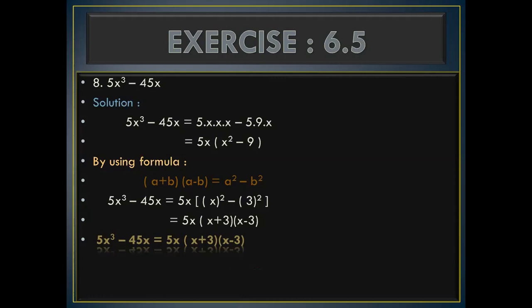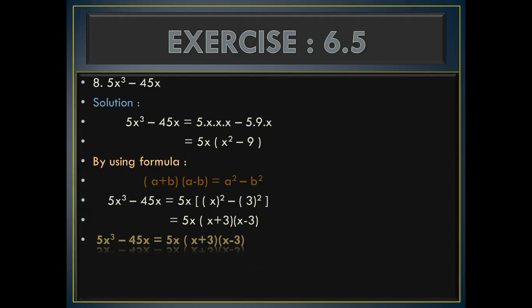The lowest power of the variable is 1, I mean x. It means that we take x common. Now we split the coefficients. We make the factors. The factor of 5 is definitely 5. We split x cube as x into x into x, and 45 as 5 into 9.